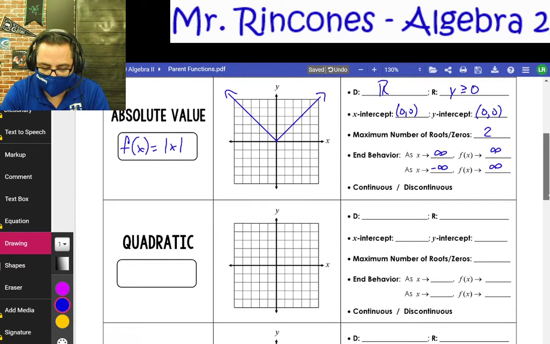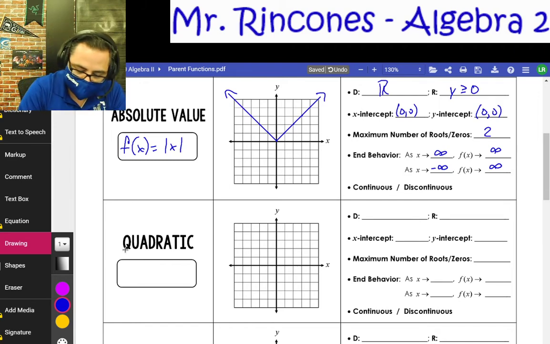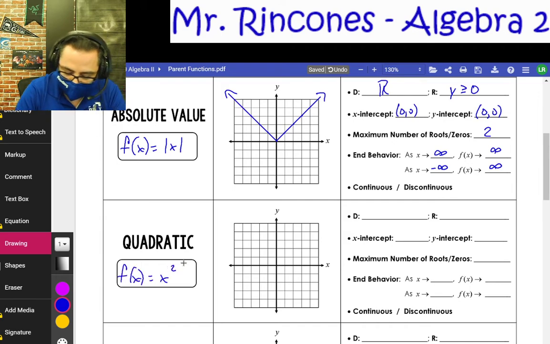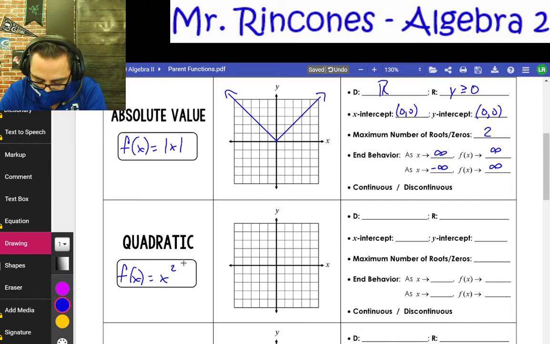Let's look at quadratic. So quadratic functions, simplest form would be f of x is equal to x squared. So what does that one look like? Well, at 0, of course, it is 0. At 1, it's still 1. At negative 1, it's 1.